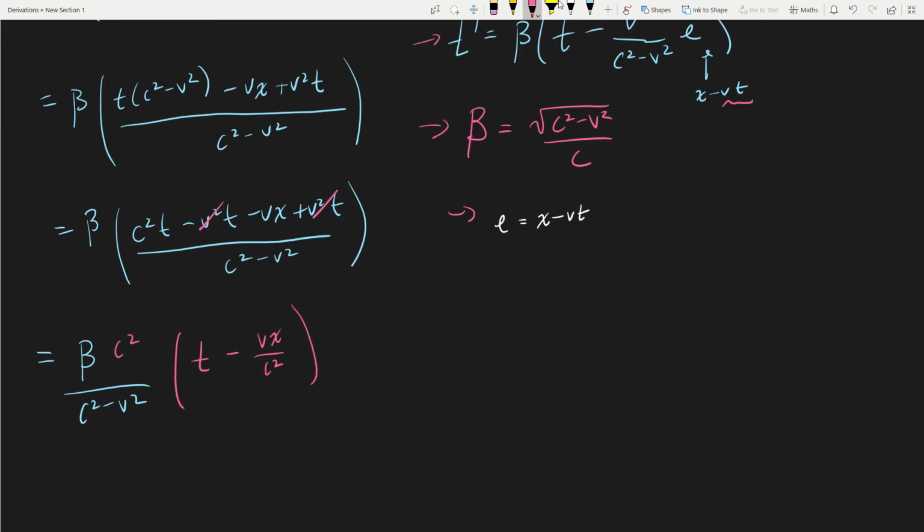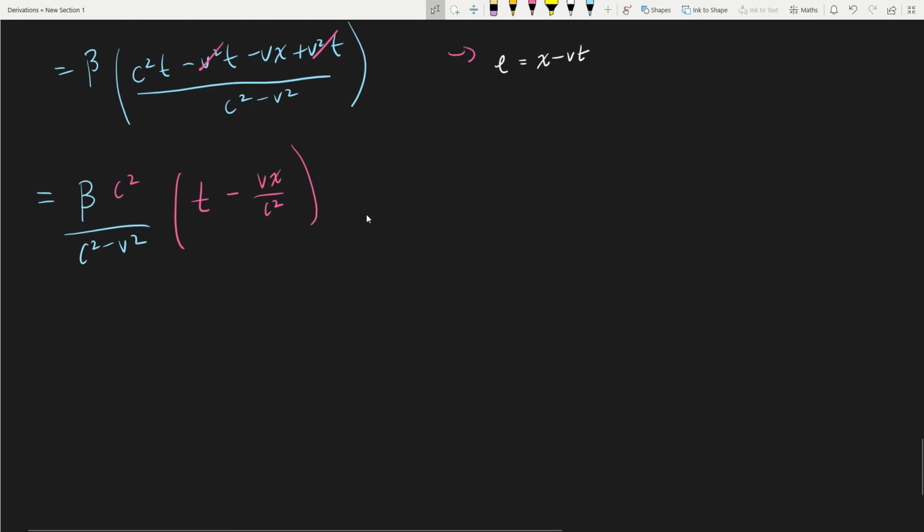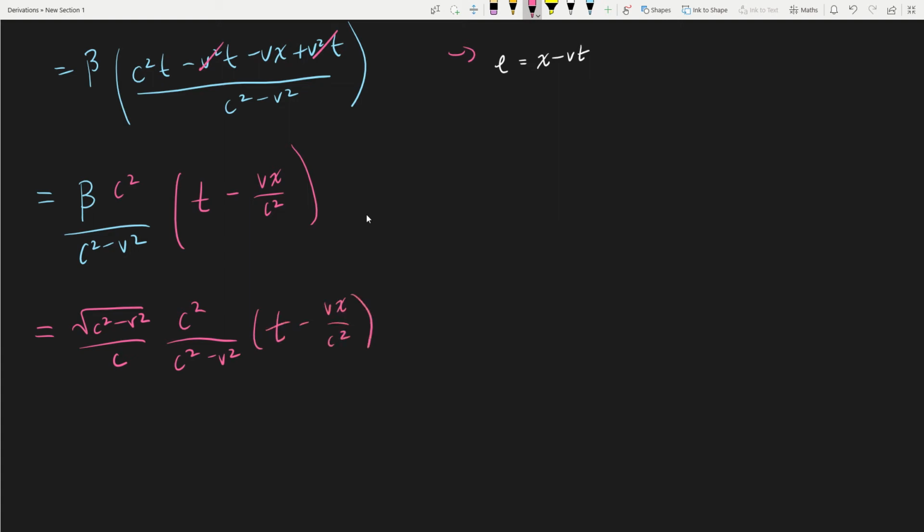And what we'll find is that if we take beta, actually let's write it out. Let's do it here. Beta, what's beta? Well, beta is the square root of c squared minus v squared over c, and then we have c squared and then c squared minus v squared, and then the same thing, t minus vx over c squared. We lose the bottom c, and then we get the half.